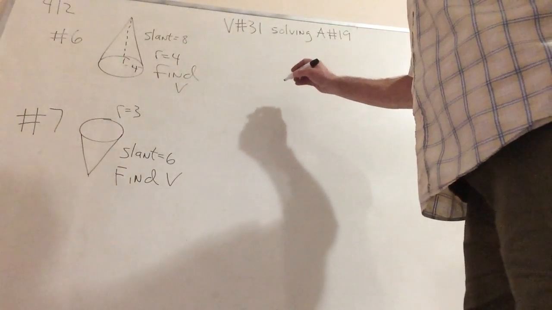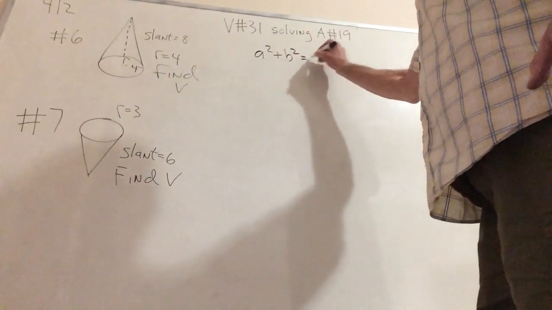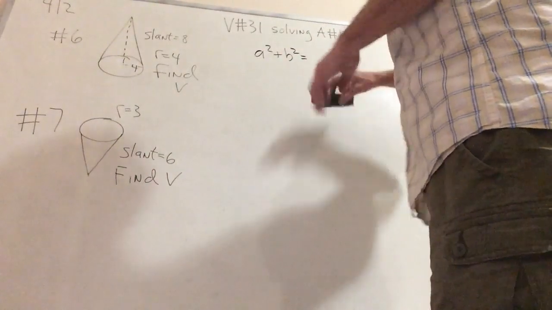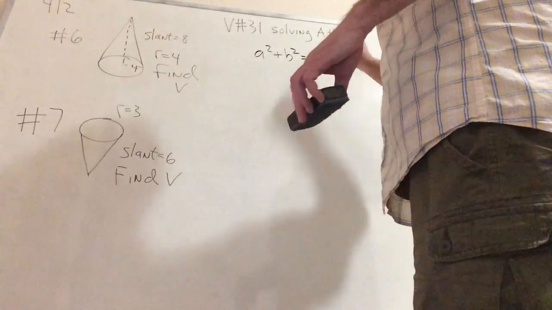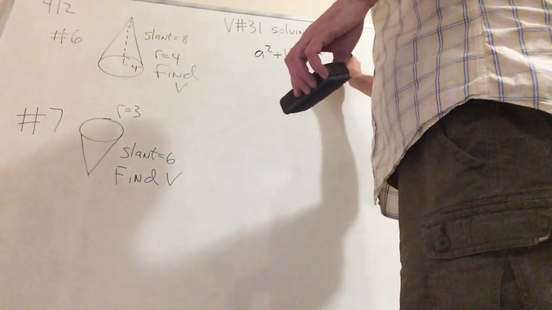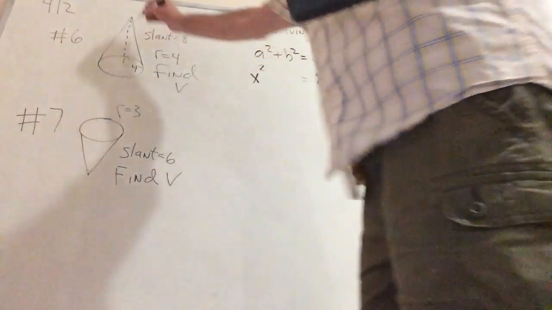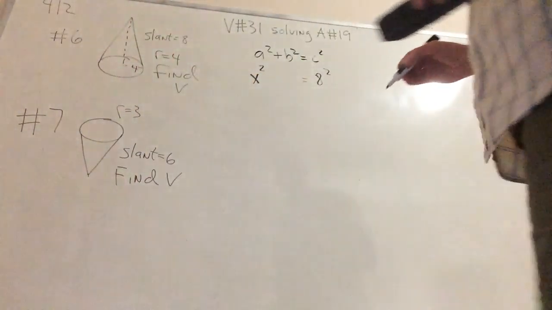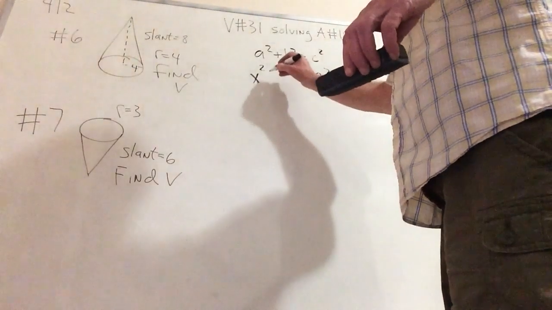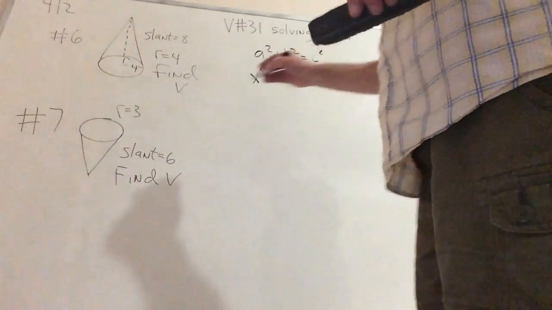So the slant is 8, and since we have a squared plus b squared equals c squared, and we know that the slant, as has been explained to you, is the hypotenuse, and I'll call that c squared. Filling in the data, I'll say that a squared is that perpendicular line here, which turns out to be the height that I need to answer the problem. And then, of course, there we go, 4 squared. So there it is. You should see that easily.